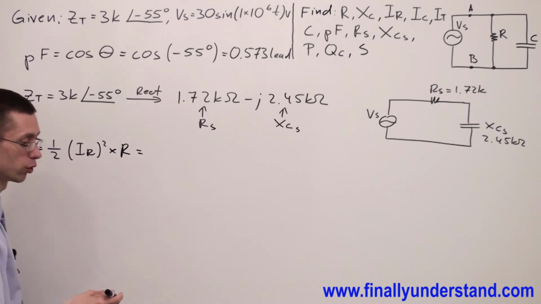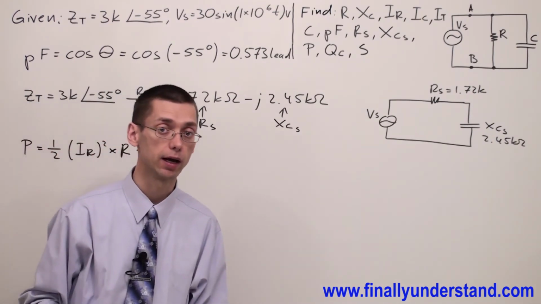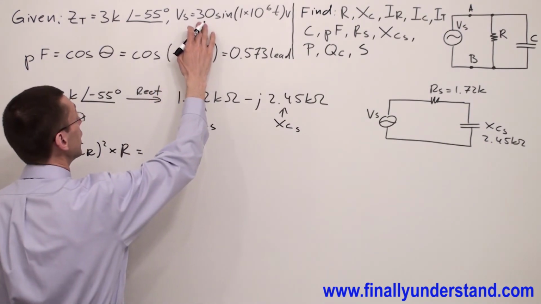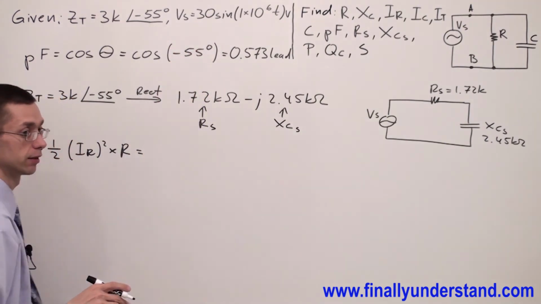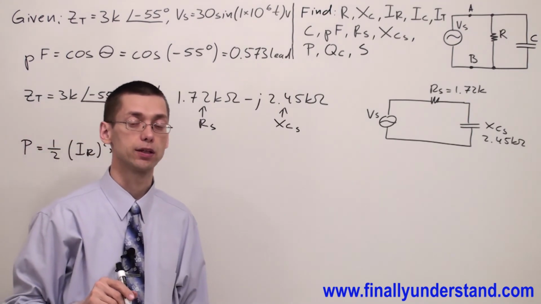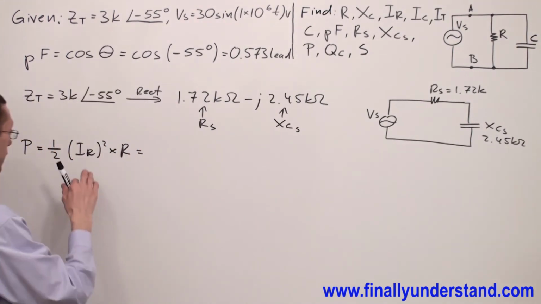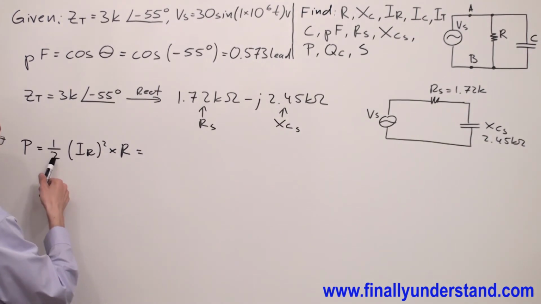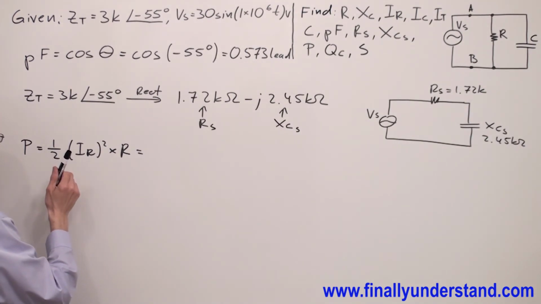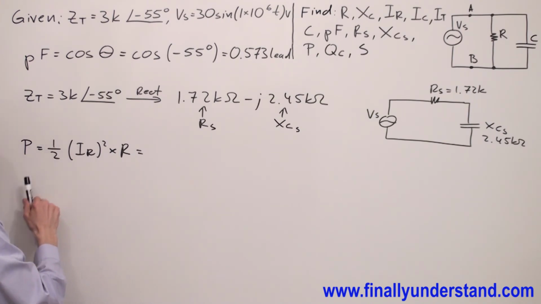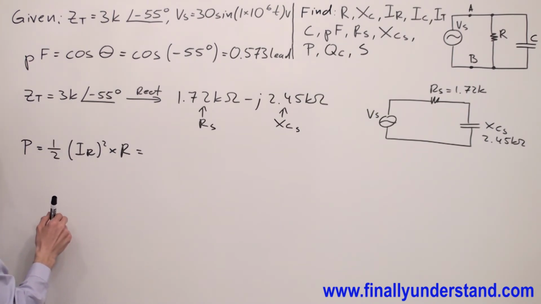Again, someone is going to ask why I'm using 1/2, because I'm dealing with the peak voltage. I use peak voltage to find my currents. That's why my currents are peak currents. Okay, that's why I have to use 1/2. If we would have RMS values, you're not supposed to use 1/2. But in this case, we're going to use 1/2.